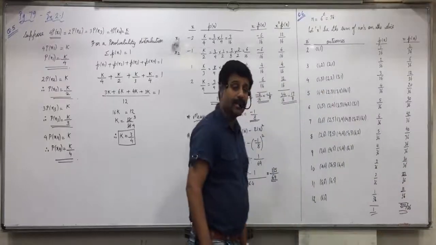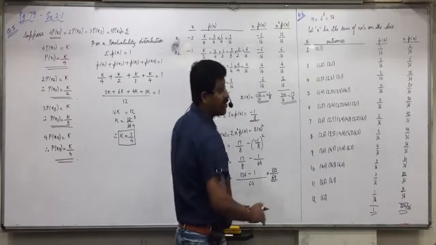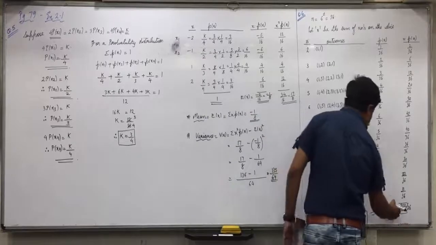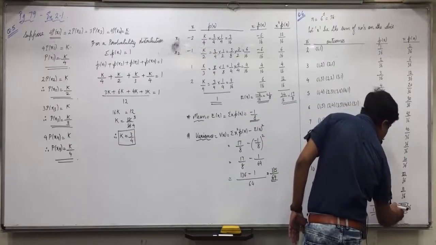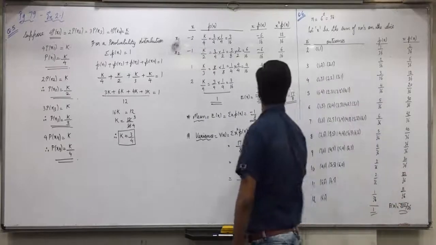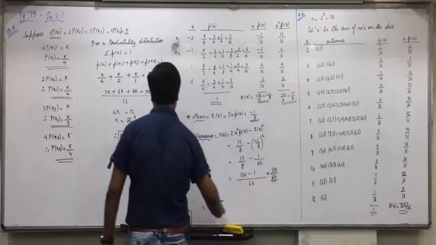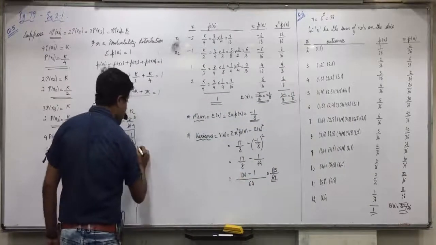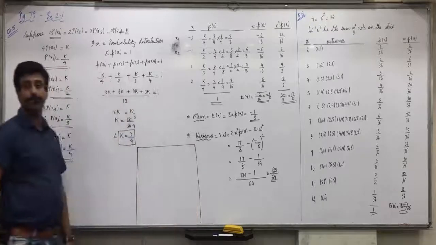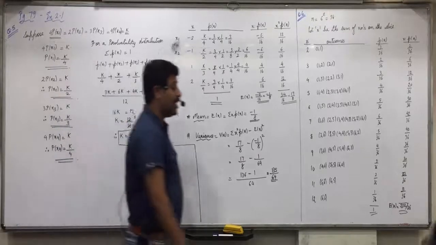Any confusion in this? Now what you are asked is only expected value. So this itself it is. We just need to write it once again systematically. The question asked is mean or expected value.